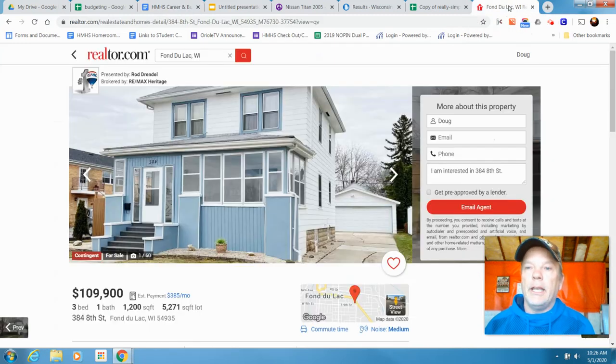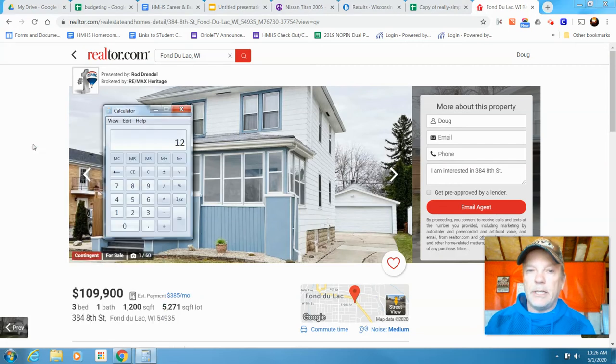My house had 1,200 square feet, so I'm going to take 1,200 times 0.25. That's $300, for the whole year. I'm going to divide that by 12, and I have a monthly payment of $25 for homeowners insurance.